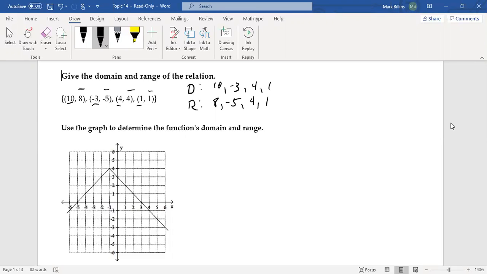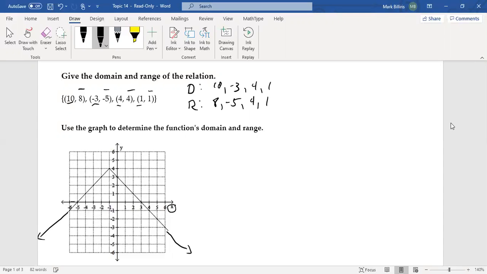Use the graph to determine the function's domain and range. So what we need to do is see what x values are included in graphing this particular function. When we look at the graph itself, we know that the graph continues indefinitely in both directions. If you look on your x-axis, only focus in on the x-axis in determining your domain.